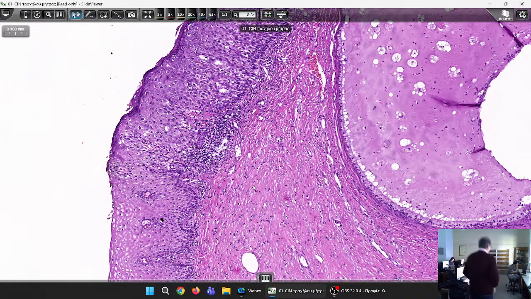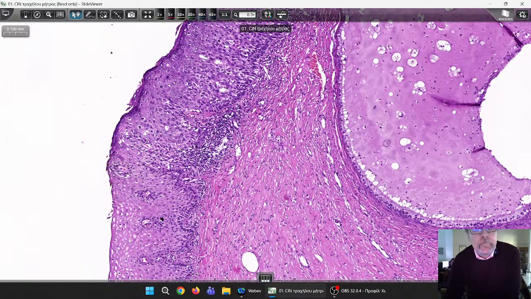The maturation of the squamous epithelium is the acquisition of eosinophilic cytoplasm as cells leave the basal zone and go in the upper layers. So, in this field, we can see that there is some maturation here, you see.